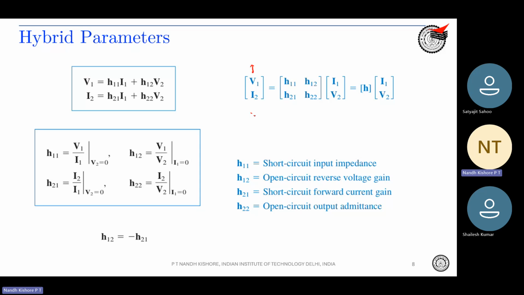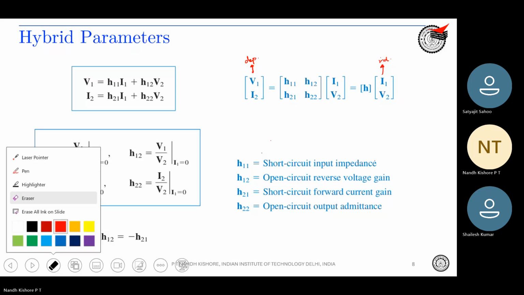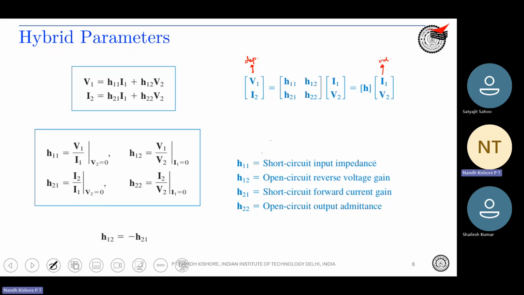So V1, I2 are your dependent variables, and I1 and V2 are your independent variables. Okay, so H11 is V1 by I1, where V2 is 0, and similarly, the definition is very similar.